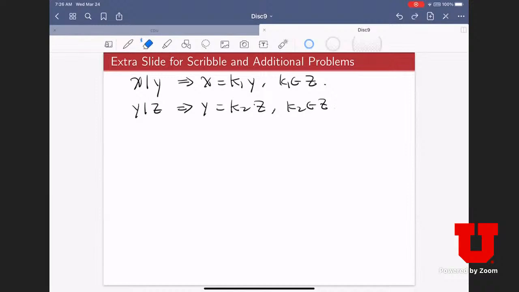It should be backwards, where it should be y equals x times k1 and z equals y times k2.